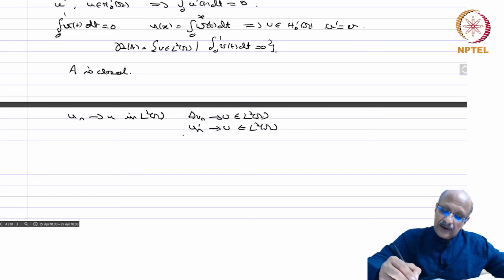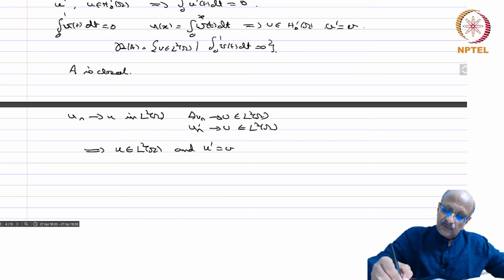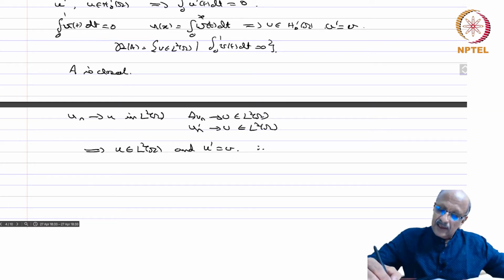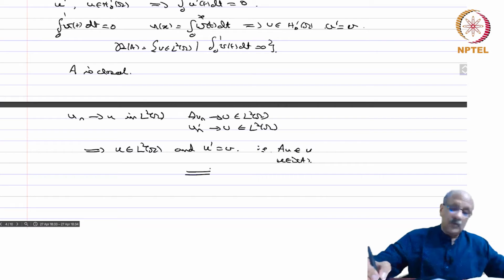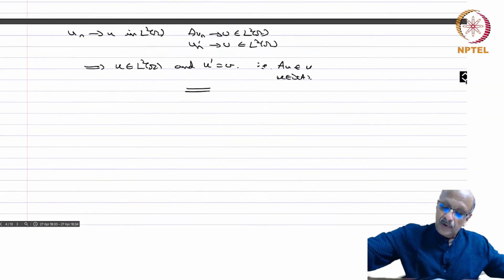That means if un' goes to v in L2 of omega and un goes to u in L2 of omega, this implies that u is in H1 of omega and u' equals v, and that is Au equals v and u is in D of A. Therefore this is a closed operator as well. So this is one example.